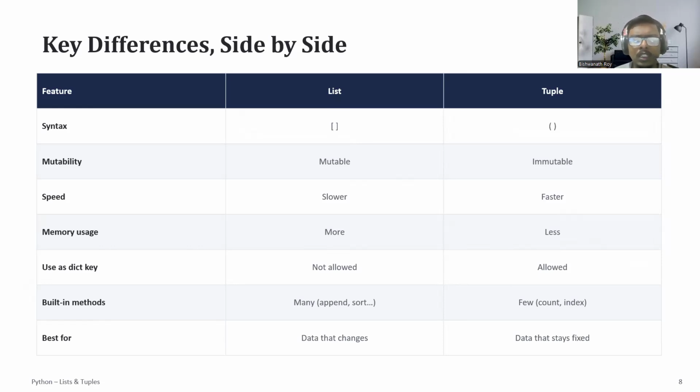Can we use a list as a dictionary key? No, we cannot, as we discussed, but tuples are allowed because their elements are hashable. Built-in methods in the case of lists include append, remove, sort, and so on, and we have a few of them in the case of tuples also. That is what we can see here. Now let's take a small example where we can see what happens.